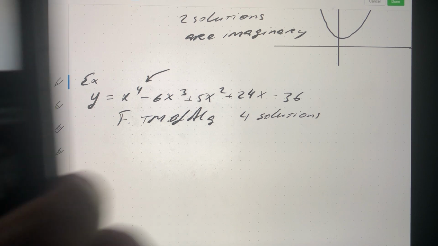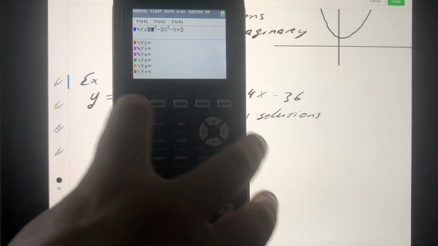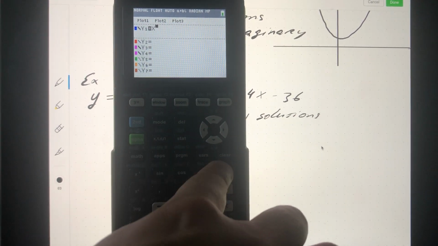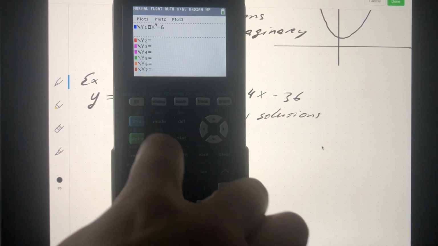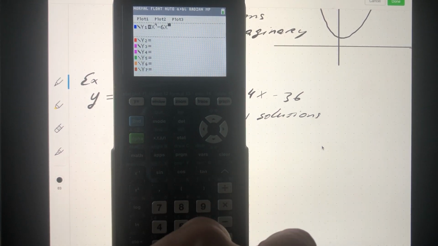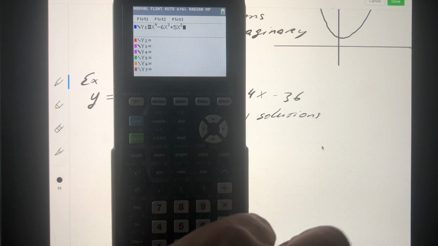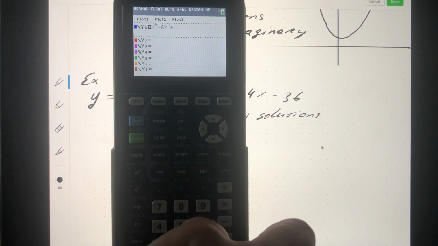So let's look at the calculator once again. Let's type in the equation. x to the power 4 and then minus 6x to the power 3 and then plus 5x to the 2 plus 24x minus 36.